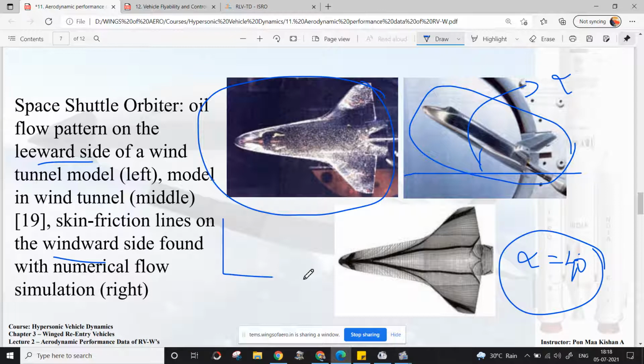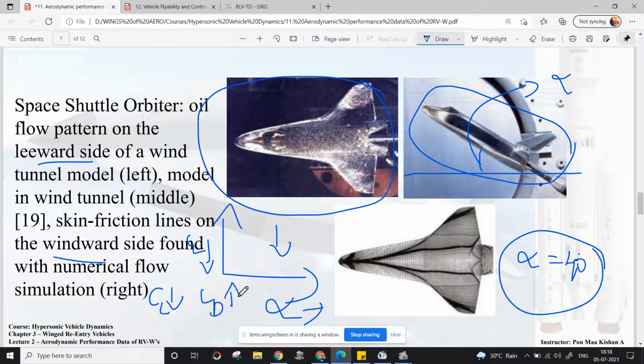Because when we increase the angle of attack, our CL starts to decrease. Coefficient of lift decreases. If coefficient of lift decreases, coefficient of drag is increasing. So by increasing the drag, we can reduce the speed of the vehicle. Okay, so this is what we studied in the previous session.